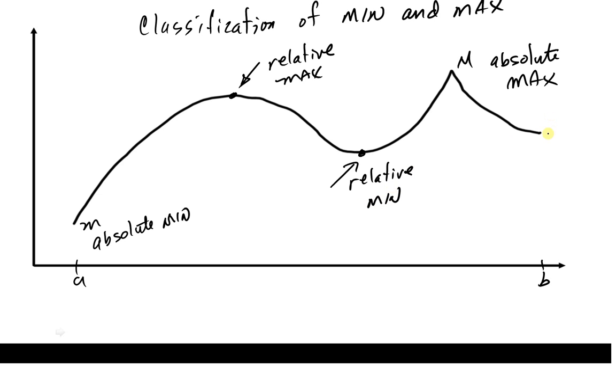And on the right endpoint, we also have a relative min, which simply means that in the vicinity of x equal b, all other points around it have a value that's greater.